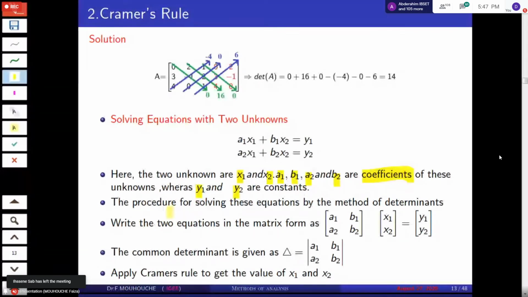The procedure for solving these equations by the method of determinants: firstly, we write the 2 equations in matrix form, as shown here. Firstly, we calculate the common determinant, by taking I1, B1, A2, B2, and then we apply Cramer's rule.